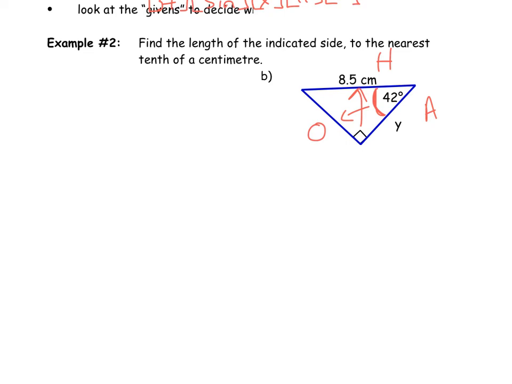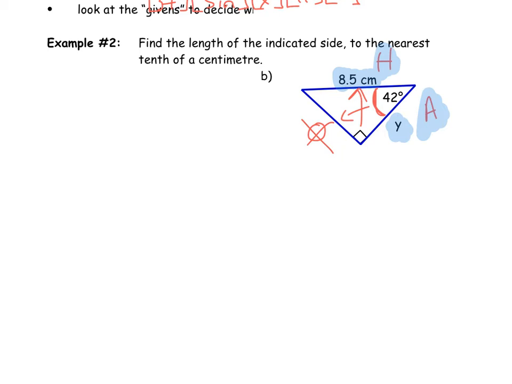So now I need to say, well, which of my three trig functions am I going to use? Well, that's based on the information that I'm given or that I'm looking to find. When I look at this, I can see I'm given information about my hypotenuse, so h is in, and I'm looking to find that other side, my adjacent side, y. So it looks as though the opposite side isn't really involved in this situation, so I don't want to choose a trig ratio that involves the opposite side.